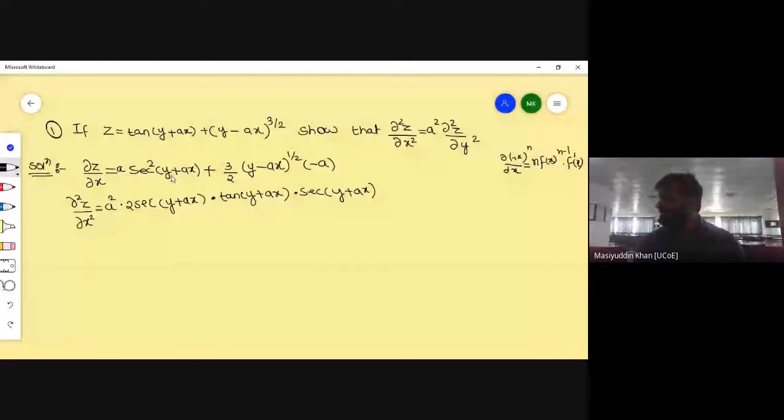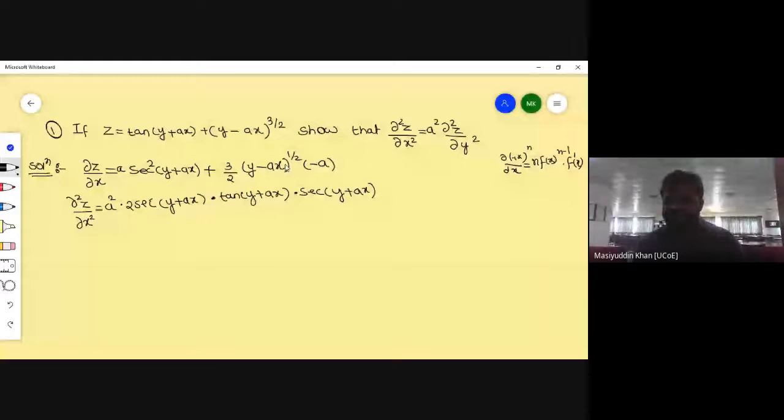The derivative of sec is sec into tan or tan into sec, and the function of the variable is kept as it is, and at the end we have to differentiate the bracket terms, or the variable. With respect to x, y is treated as 0 and we get a, so a comes forward here. So for dou square z by dou x square, you will get this part for the first function.